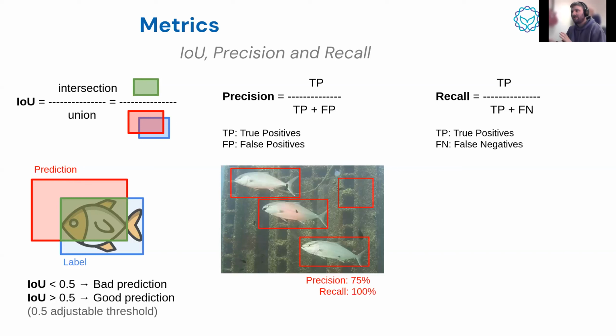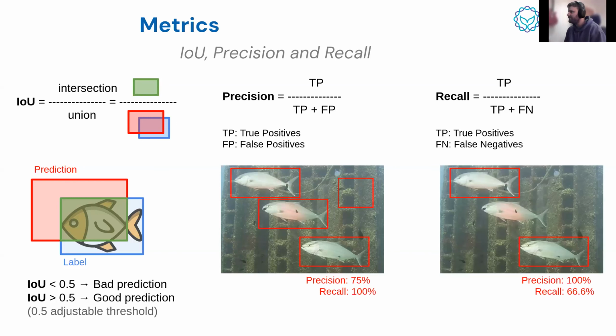So as you can see, there is not a metric that covers it all. And in this other case, it's the opposite. Our precision is 100% because our predictions are correct, but we are missing some of them. That's why we get a lower score in recall.